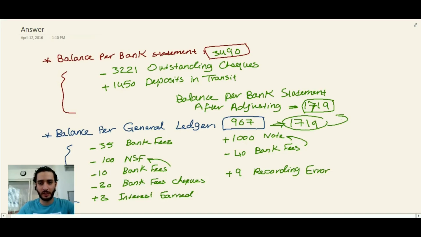So as we can see, it is equal. So we started with unequal balances and we ended up with equal balances.